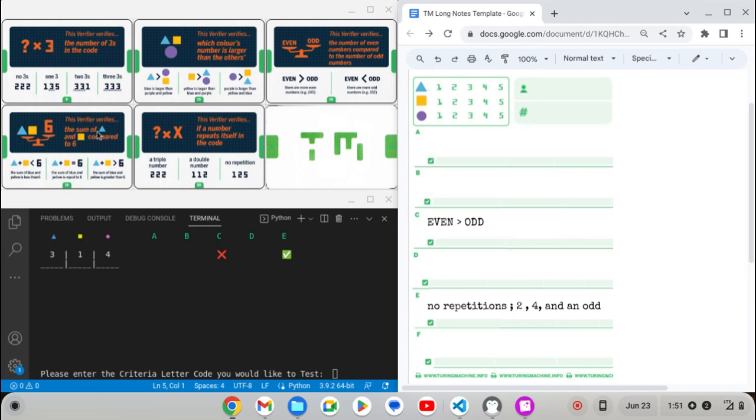I'm going to test criteria card D, so that way I know a little bit about, well, in past problems, whenever I have a 2 and a 4, sometimes that's actually a 6, and so that would mean that the circle would be the odd. That could still be the case. I don't have a 6, or perhaps I should test B to find out which one is the biggest.